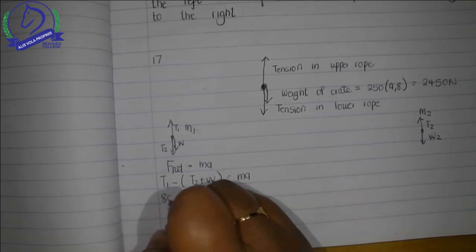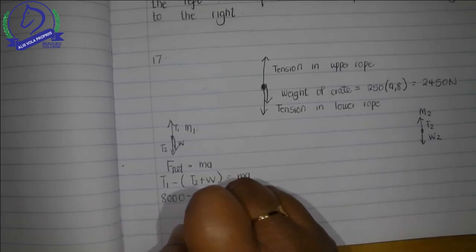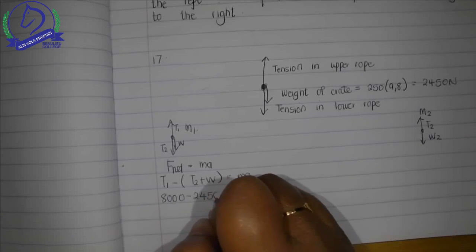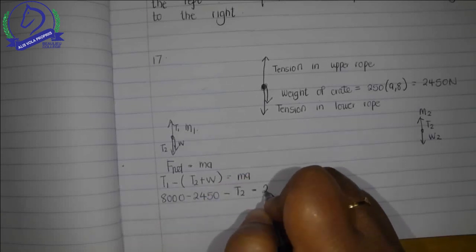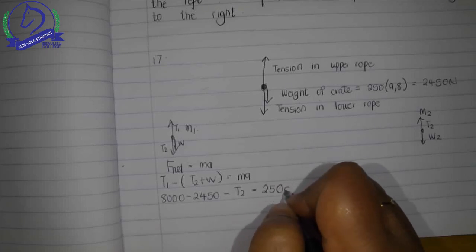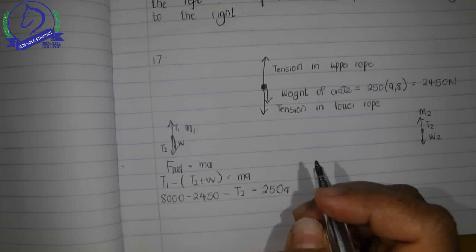So it's going to be 8,000. You can see that value we have, minus 2450 minus T2, which we don't know, is equal to 250A. I am going to make T2 the subject of the formula.